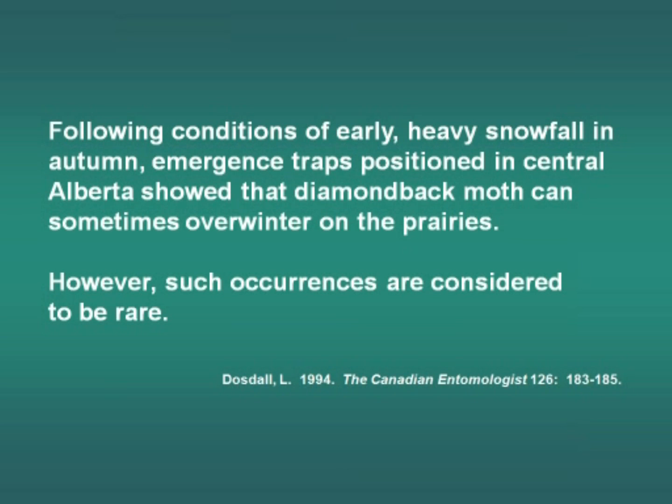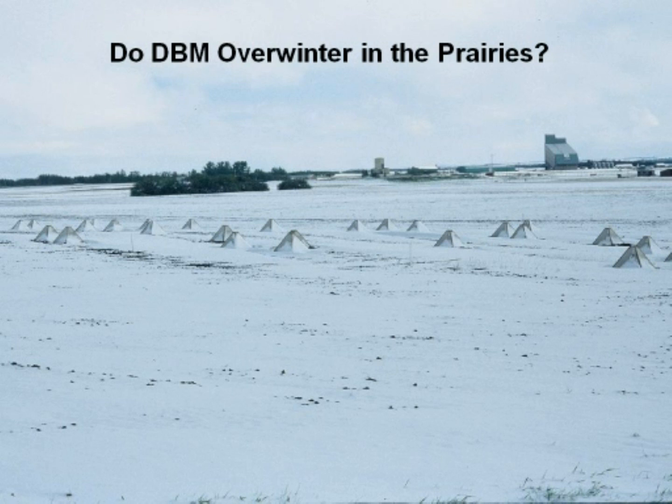We've since tried a number of attempts to show under what conditions diamondback moth overwinter in the prairies by placing diamondback moth larvae, pupae, under various treatment regimes in cages over winter, and we found it extremely difficult to replicate overwintering. So by and large, it's a safe assumption that most of our populations do not overwinter on the Western Canadian prairies.